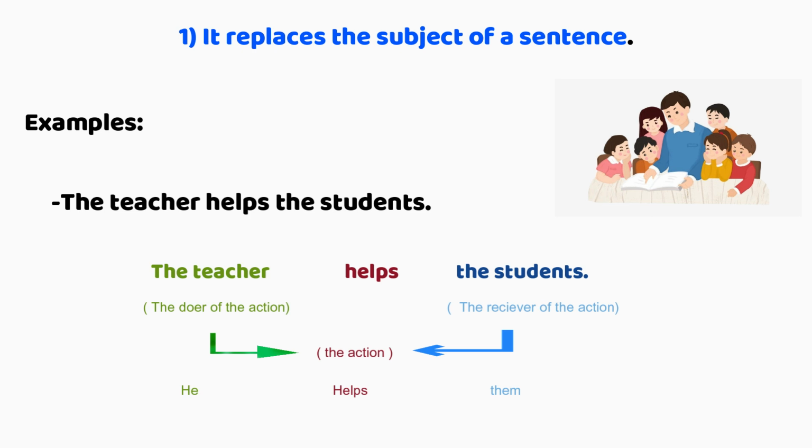The subject is the teacher, because teacher is the doer of the action of this sentence, and helps is the action verb, and students is the object because students is the receiver of the action.